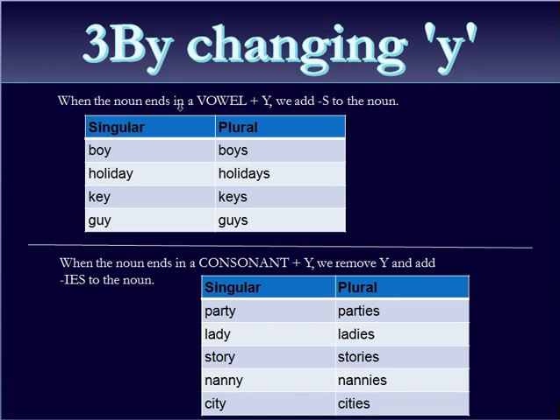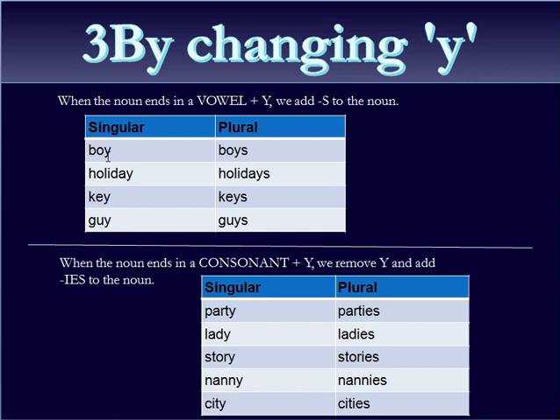When the noun ends in a vowel plus y, we add s to the noun. Like here, at the end of each word, the letter y is present, but before the y, we have an o, an a, an e, and a u. O, A, E, U, they are vowel letters.